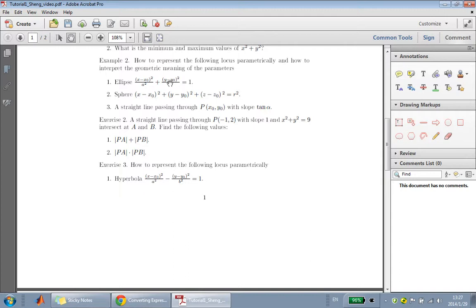Okay, let's say in this example, ellipse. And what's the parametric representation for the ellipse? In fact, we use the identity that cosine t squared plus sine t squared equals 1.